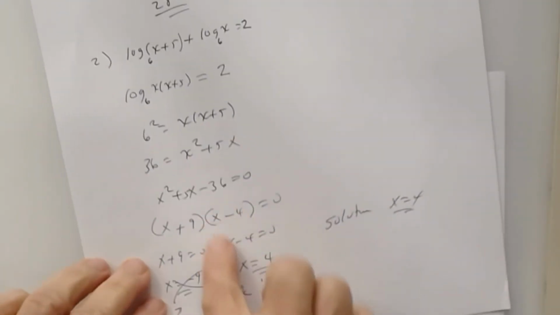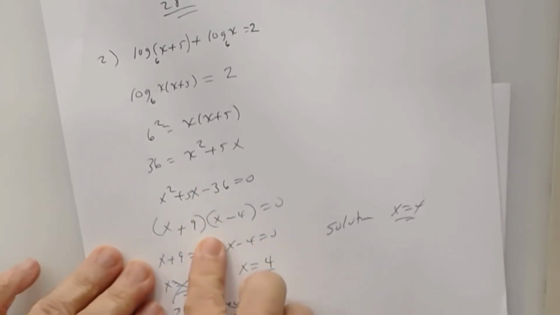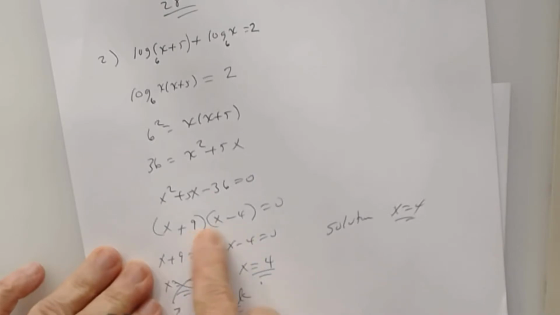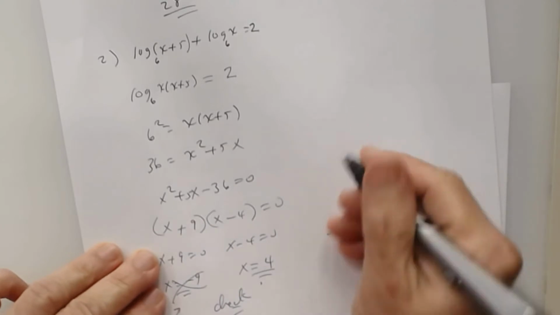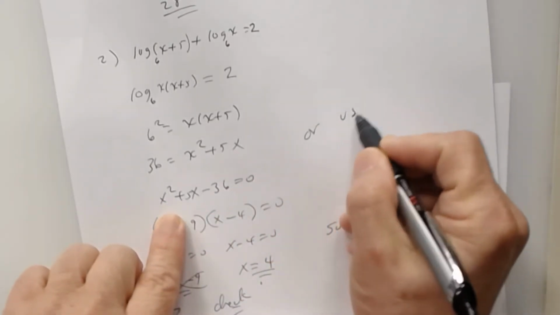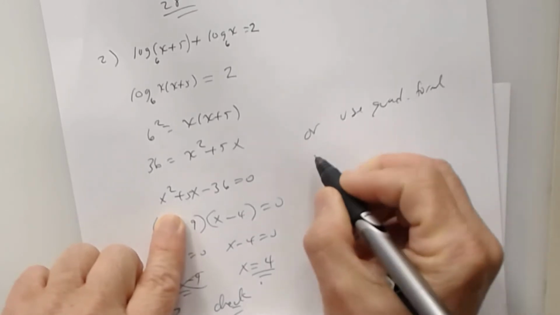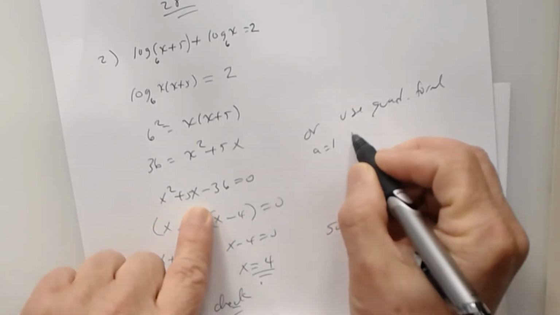Oh, by the way, I wanted to go back and show you. I did this by factoring, but for some of you, if you're having a little difficulty factoring this, what should you have done? Quadratic formula. So what's A here? What's B?